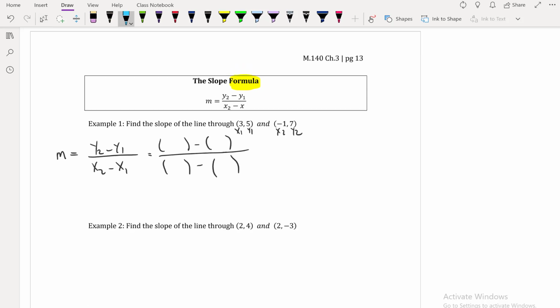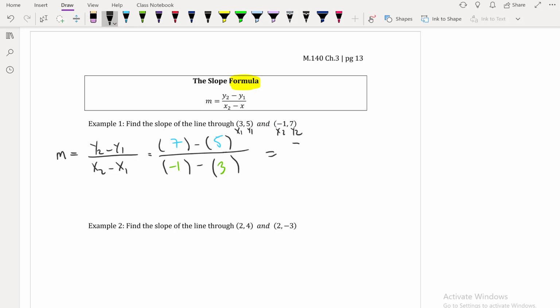So for my numerator, I have y2, so that's 7, that's here, and then I have my y1, so that's what I'm going to plug in. So those are the values that I plugged in. Now I'm going to look at my x values. It says x2, well here's x2, and then it says x1, so there it is. So all I did was just plug in values.